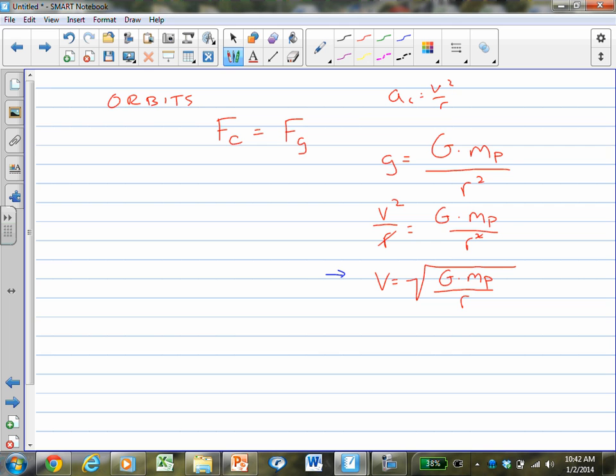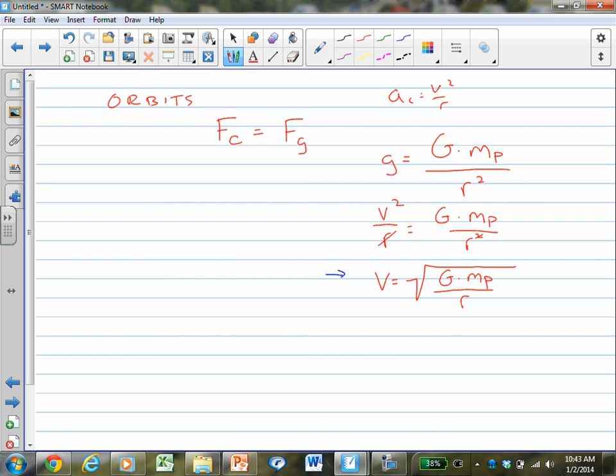If we want a satellite to be directly over the same location at all times, for spying purposes or cell phone purposes, telecommunications, then what altitude do we need to put it at so that, as the Earth rotates, it stays directly over that spot? That's called a geosynchronous orbit.